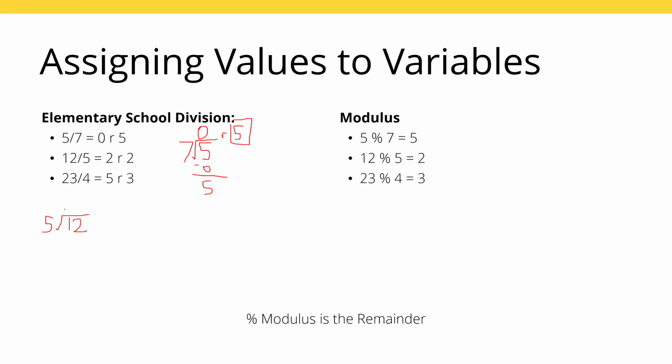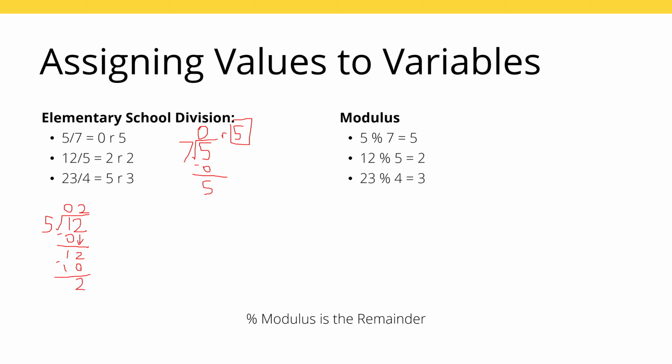But again, I'm going to show you step by step. 5 does not go into 1 at all, so I get 0. 0 times 5 is 0. Subtract. So that's a 1, and I bring down the next place. 5 goes into 12 2 times. So 2 times 5 is 10. I subtract, and that gets me a 2.